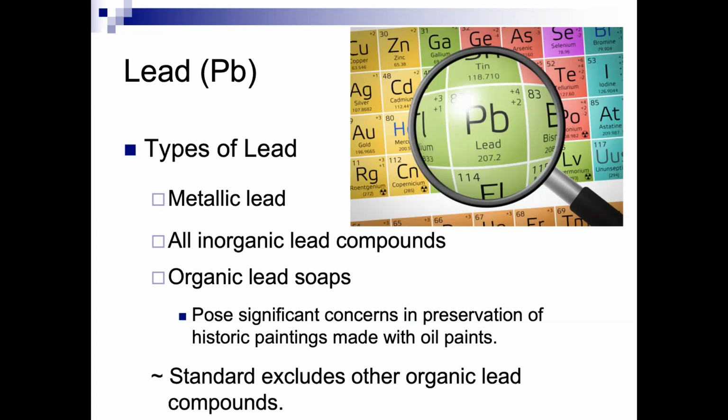The standards exclude other organic lead compounds, and the most obvious example is tetraethyl lead, which is leaded gasoline that we used to use in our vehicles. It's still allowed for certain uses, but not in general use for vehicles in the United States. So that compound and other organic lead compounds are not regulated by OSHA's standards.